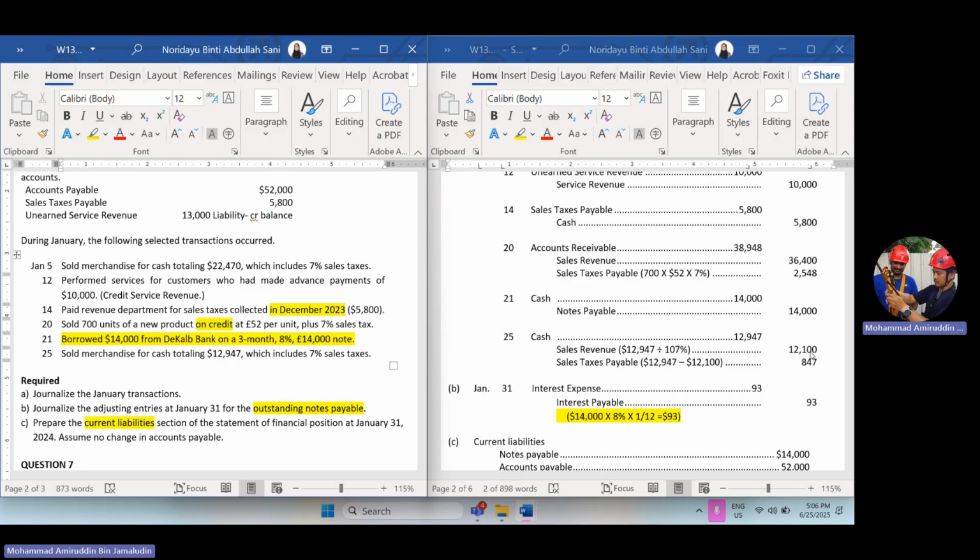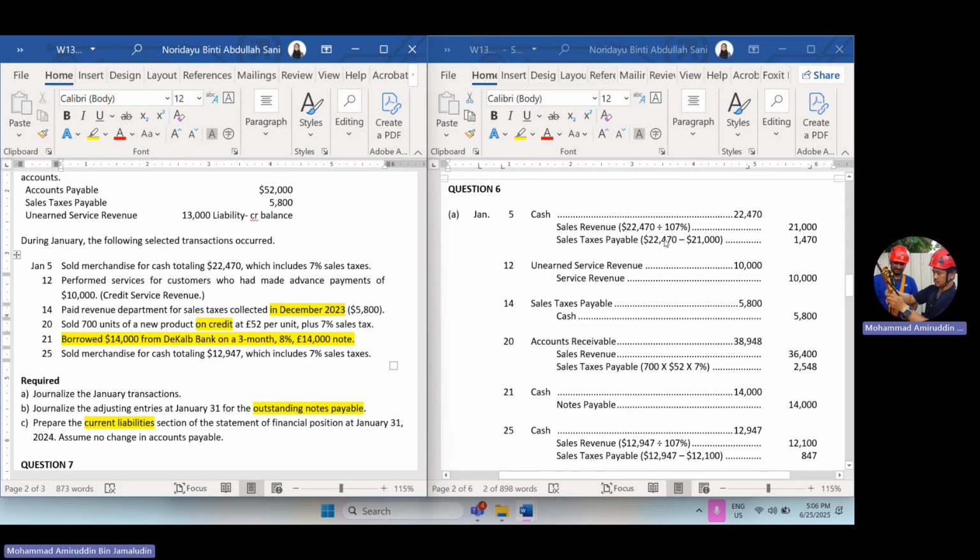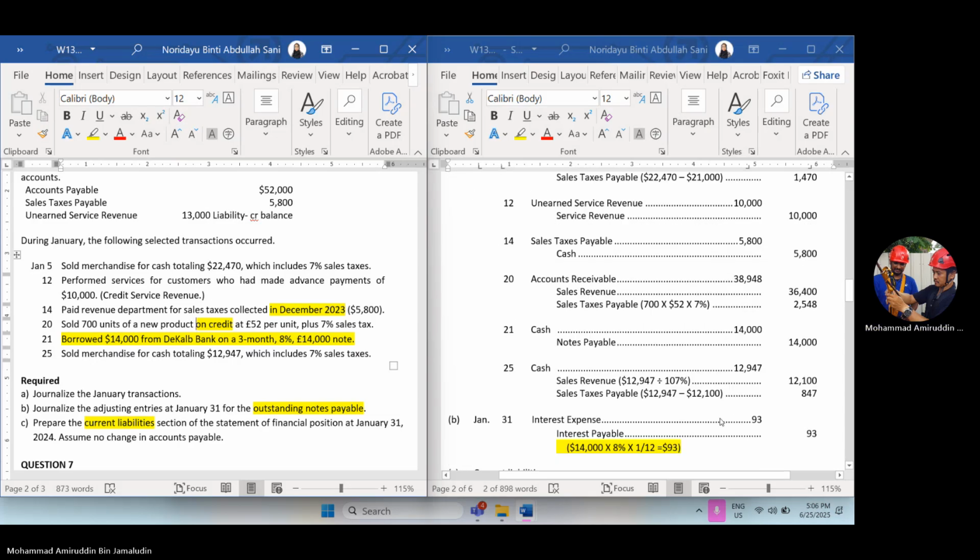So 7%, how much? 847. Or you can also use this approach. Same thing. So 12,947 minus 12,100, we get 847. That is your sales tax. Okay.